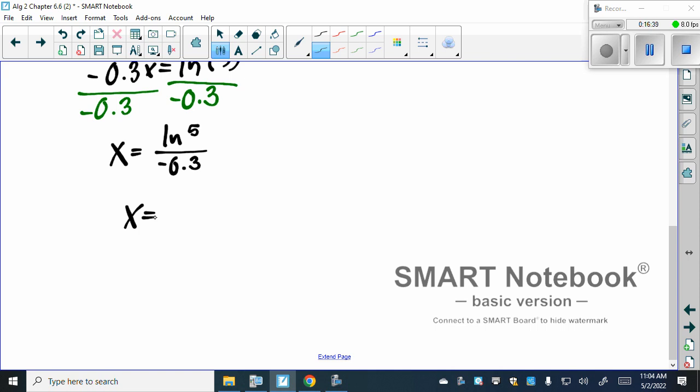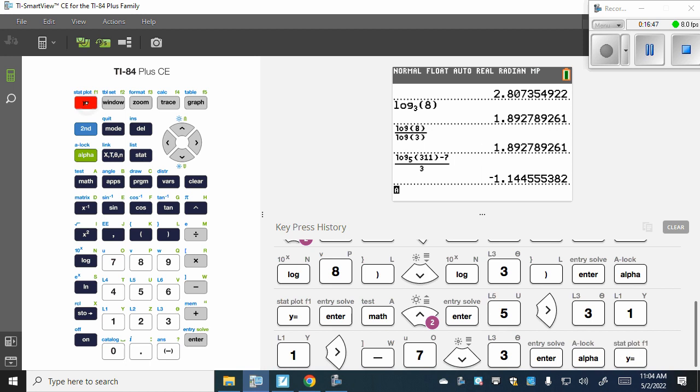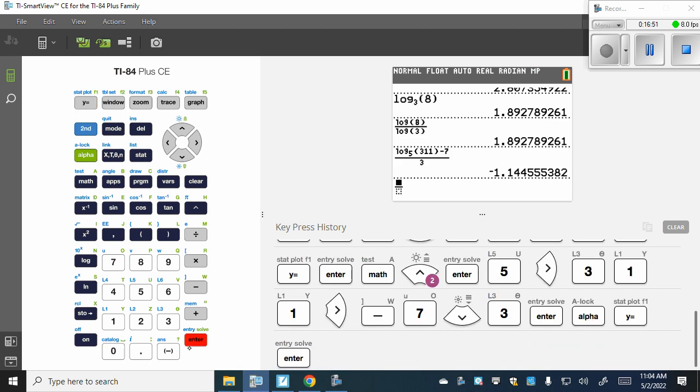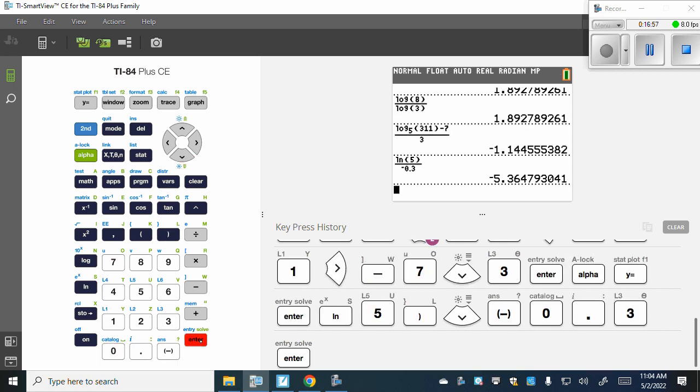Well, at this point here, these are a little bit nicer to type in instead of the ones we've had up to this point, because in the calculator, we can go alpha y equals enter for our fraction and say ln of 5 over negative 0.3. Because whenever the base is 10, or e, we're just using ln.